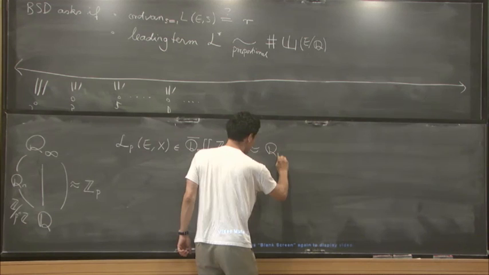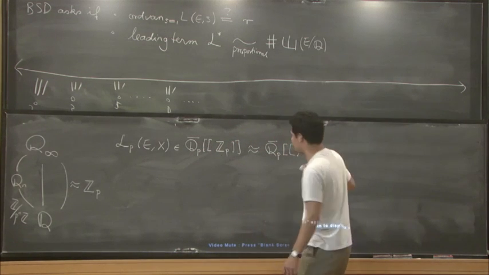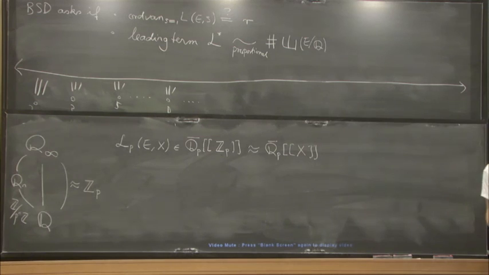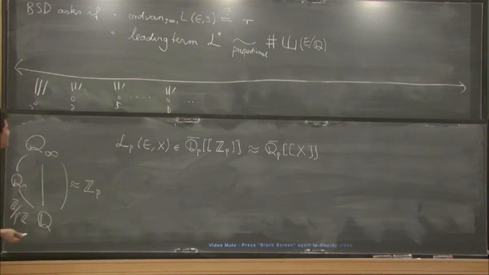We can think of this as sitting inside a power series ring of one variable. So now one has a nice p-adically analytic object.